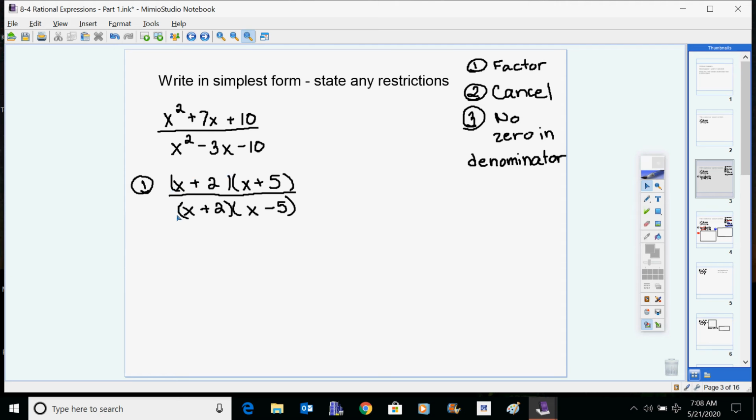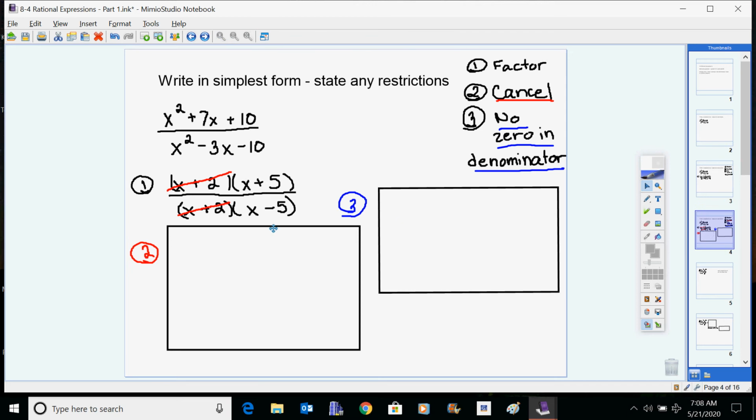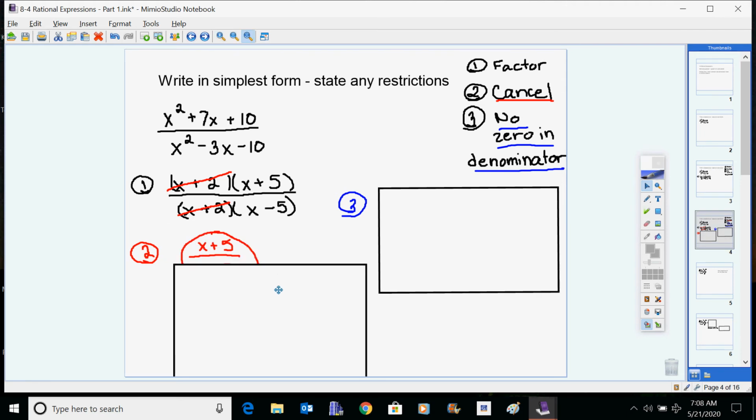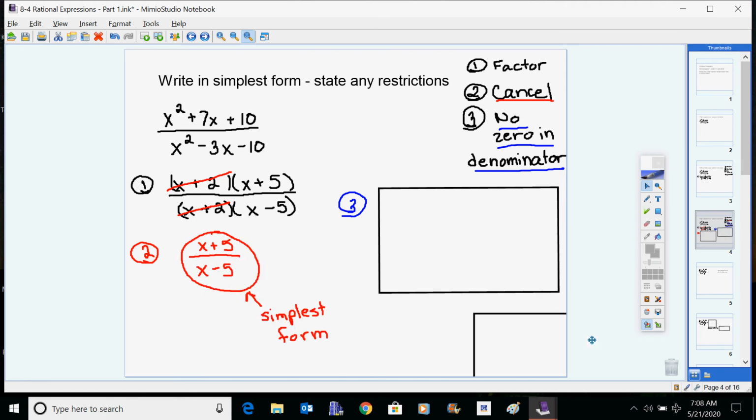So x plus 2 and x plus 2 match completely. They can be canceled. X plus 5 and x minus 5 do not match completely, so they can't be canceled. We cancel these out, so what we're left with is x plus 5 over x minus 5. That's your answer in simplest form.